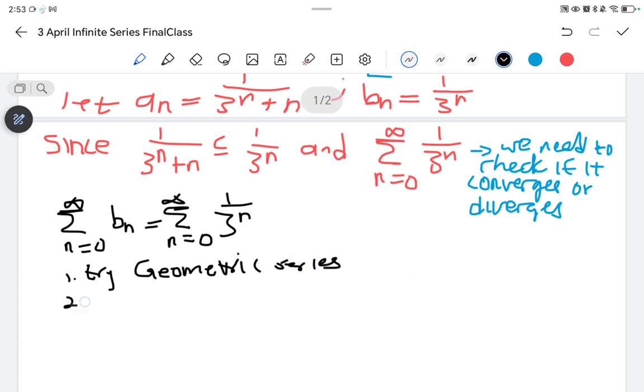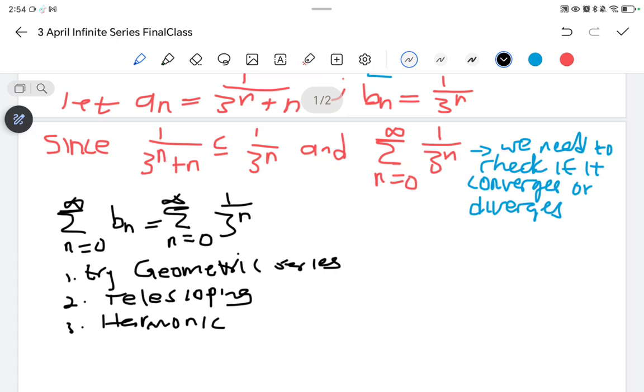Secondly, you come to telescoping. Thirdly, you come to harmonic. You see, right? Then if these three don't work, you can now choose any other test.